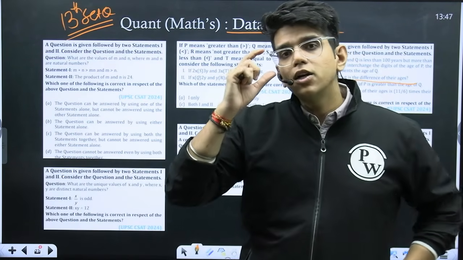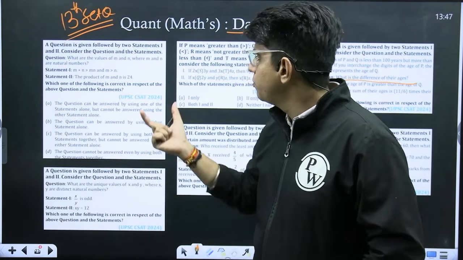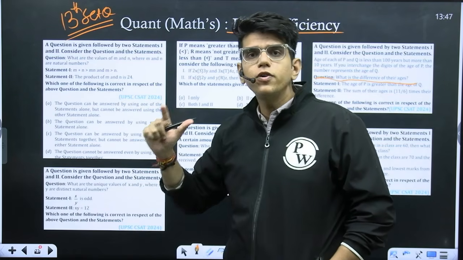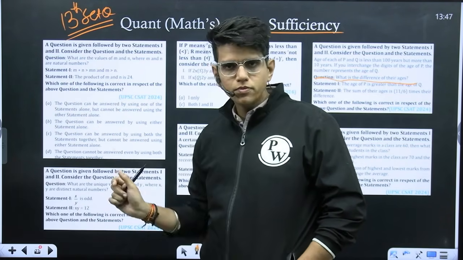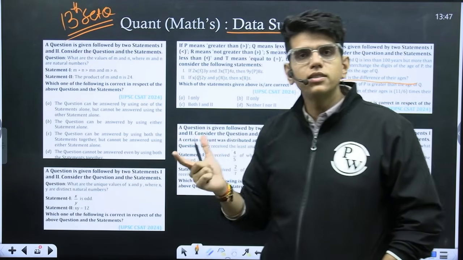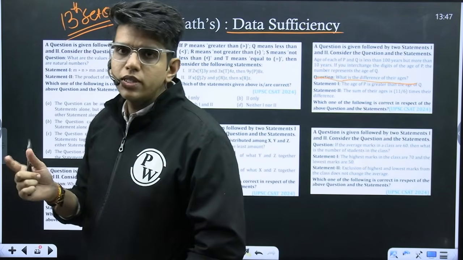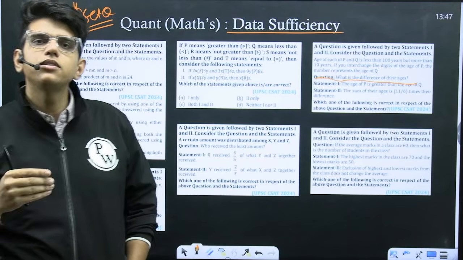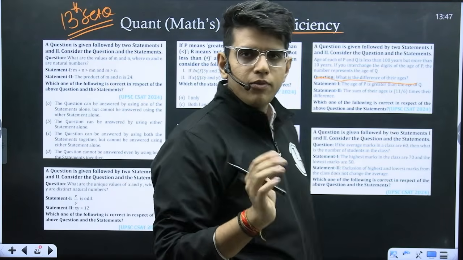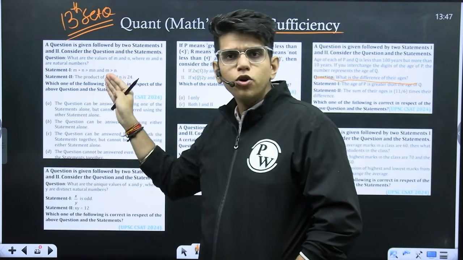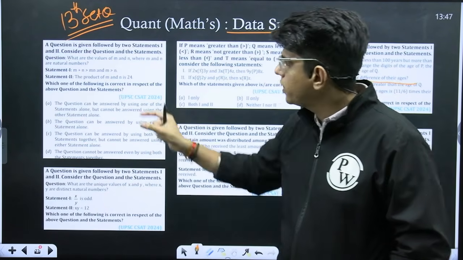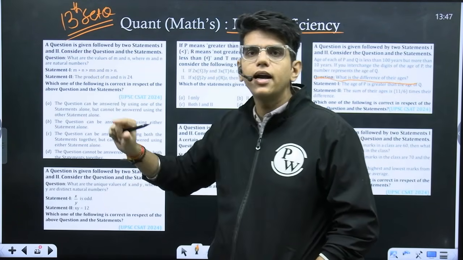If it is alone sufficient to answer the question, then you will move to the second statement and check if you can answer this question only by using statement 2. If you are able to answer the question by using statement 2 also, then your answer is the question can be answered by using statement 1 and 2 alone. If you find a case where none of the statements is enough to answer the question, you will club these two statements and then try to answer the question.